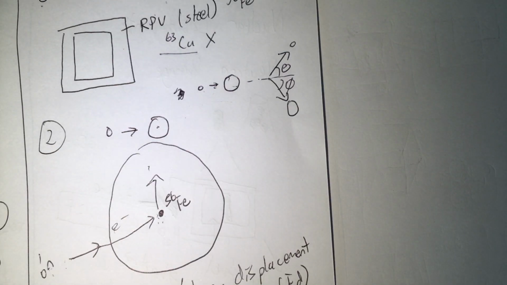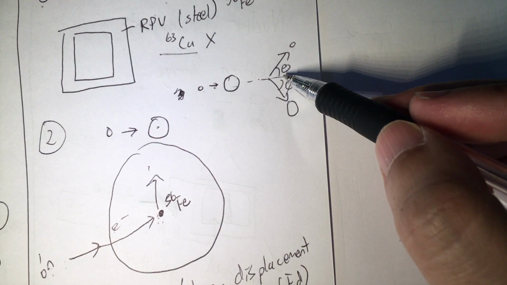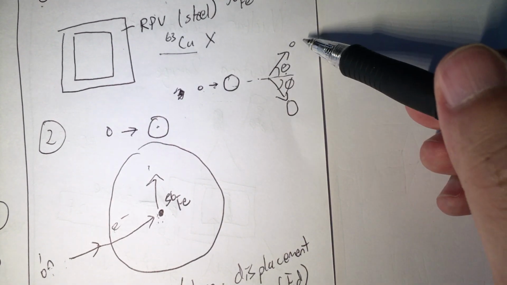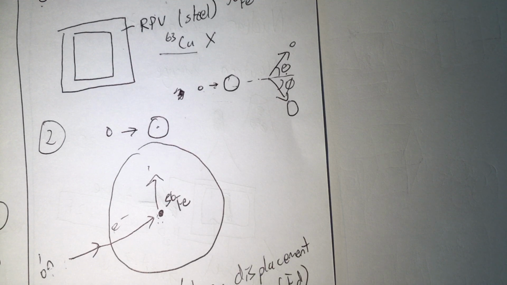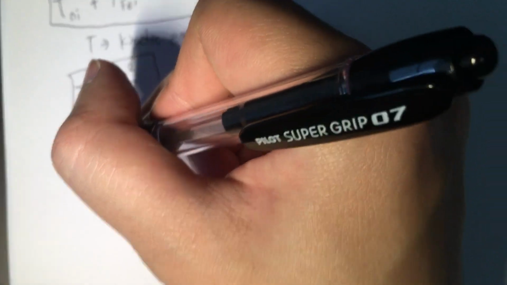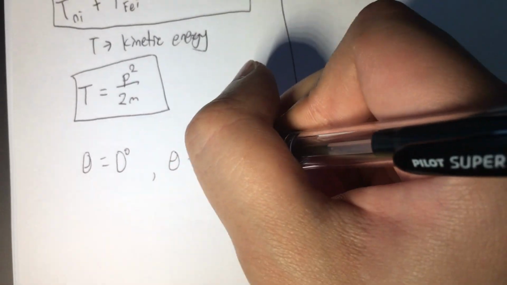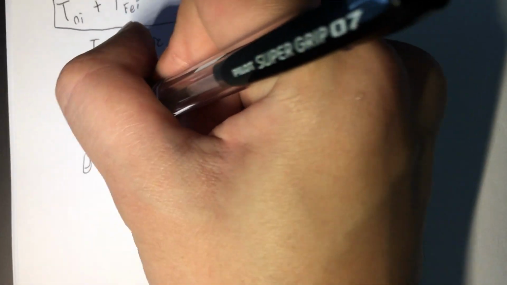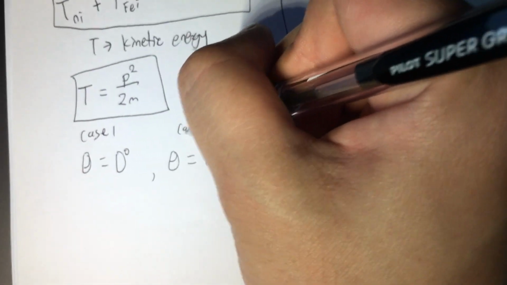As theta, the angle at which this neutron scatters off, changes, the amount of energy and momentum being transferred also differs. Let's consider two extreme cases. One is theta equals 0 degrees, and the other is theta equals 180 degrees. This is case 1, this is case 2.